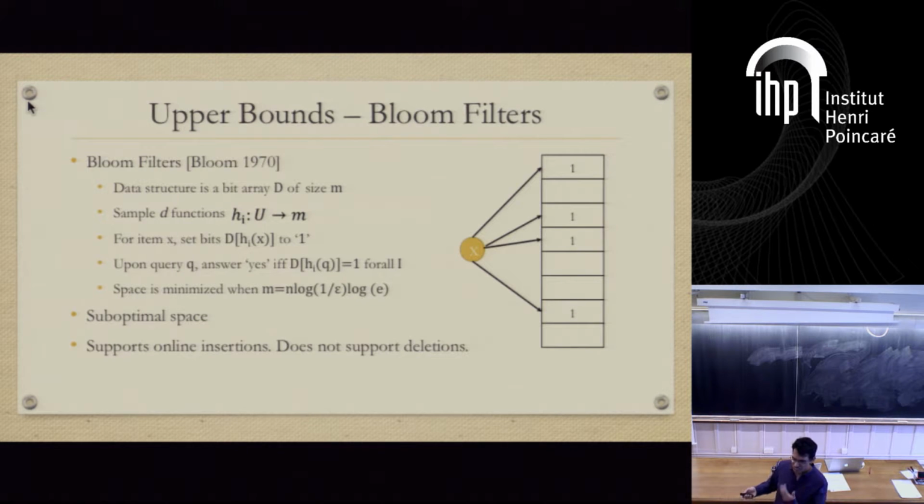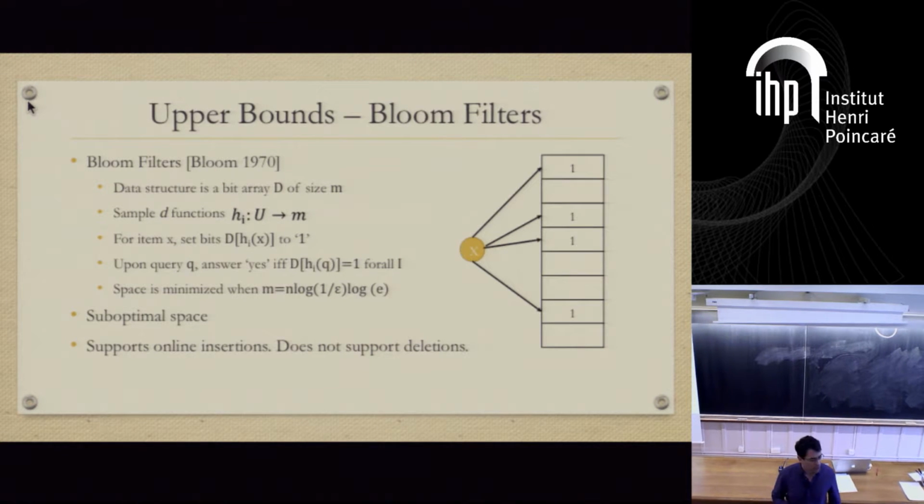It's not clear that deletions really make sense in this context, but still it's a remark. It's not a very good data structure in general to implement, and I will explain why soon. But this is the most common canonical example, to the point where often I think Bloom filters as a term is being confused with the problem which it solves.